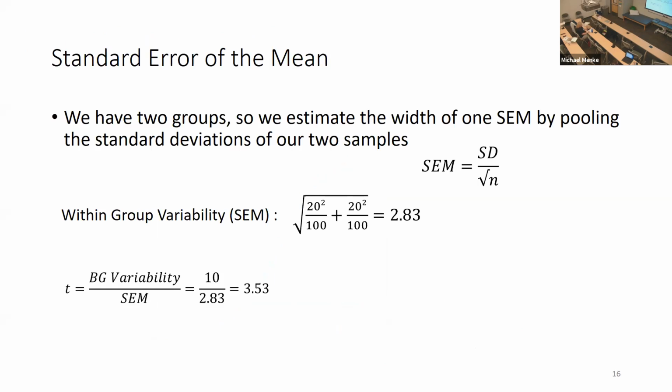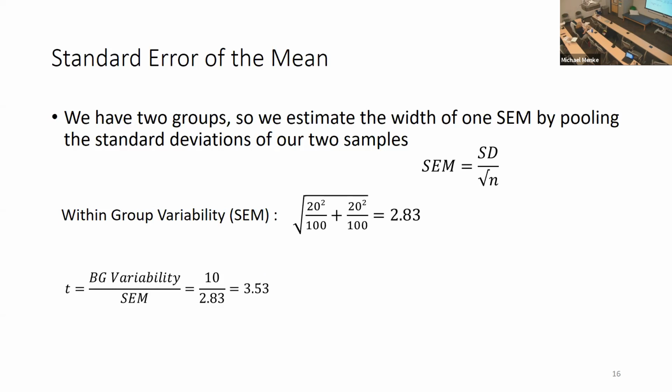So we have two groups. We estimate the width of one standard error by taking the standard deviation of that group divided by the square root of n, because again, it's an inverse log function right here. And then I need to pool the two because I've got two groups. So I have to take the variance. I have to square the standard deviation, add them up, run this calculation on the two, then take the square root of that, which gives me a standard error of the mean of 2.83.